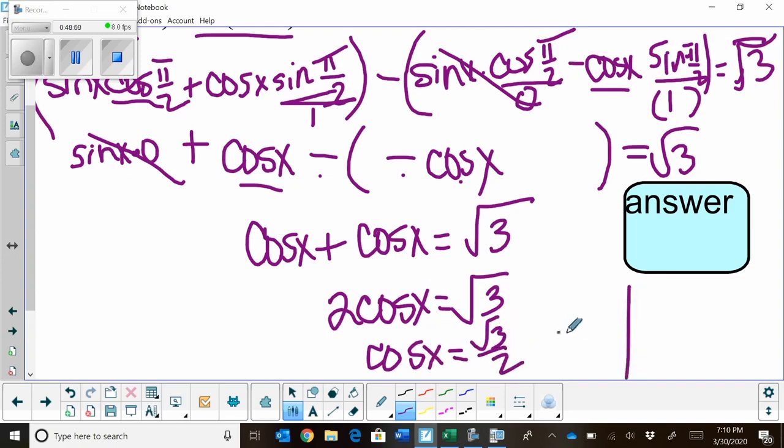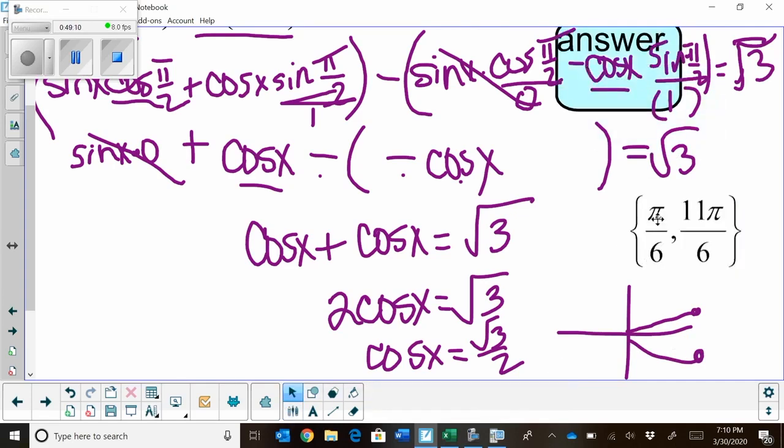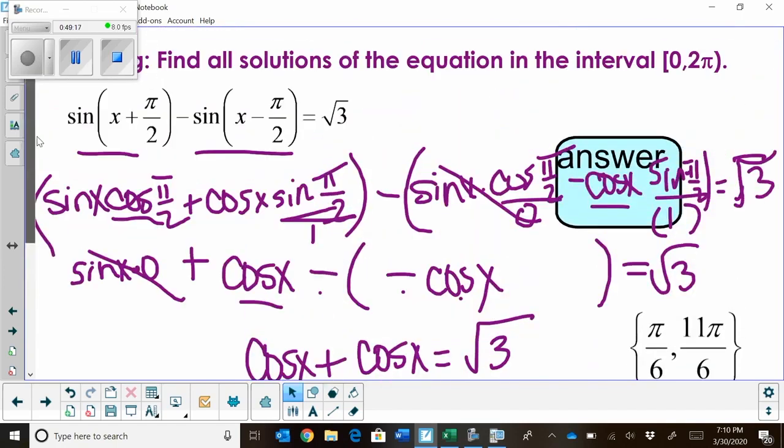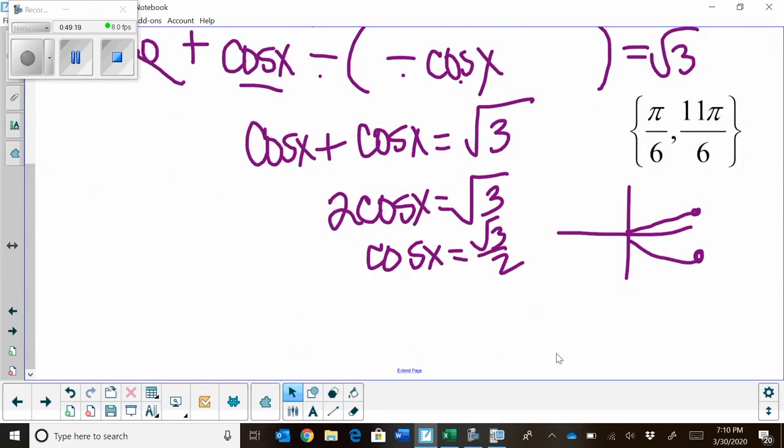Well, on the unit circle, we know that's the long one here, and it's the long one here. So guess what our 2 answers are? Pi over 6 and 11 pi over 6. And those would be the 2 answers on the interval 0 to 2 pi. Now, if we wanted general solutions, remember we're adding to those a circle.